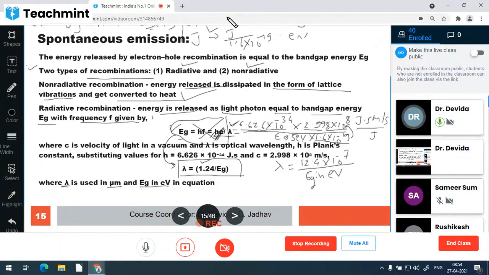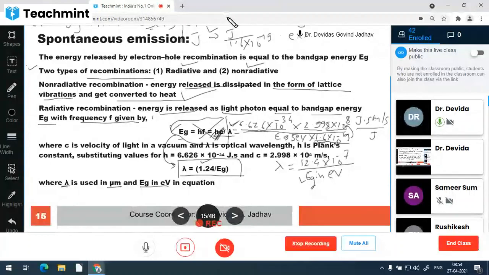Suppose you are asked to calculate lambda for Eg equal to 12 electron volt. You substitute directly 12, and do not convert 12 into 1.6 into 10 raised to minus 19. This 1.6 into 10 raised to minus 19 is already there in this number, isn't it? Now this problem of eV is solved.